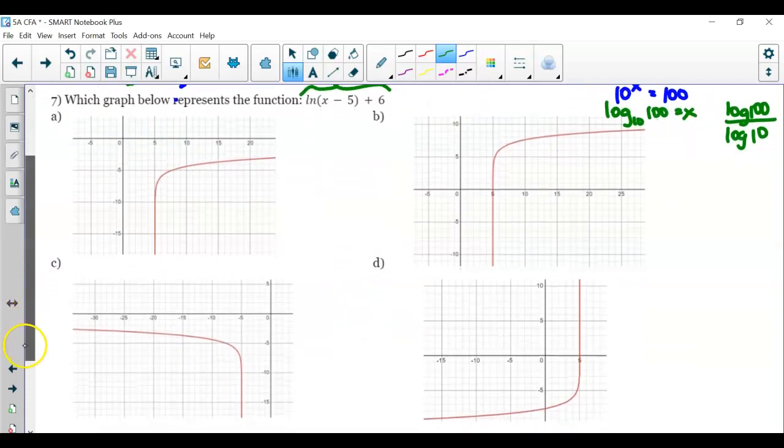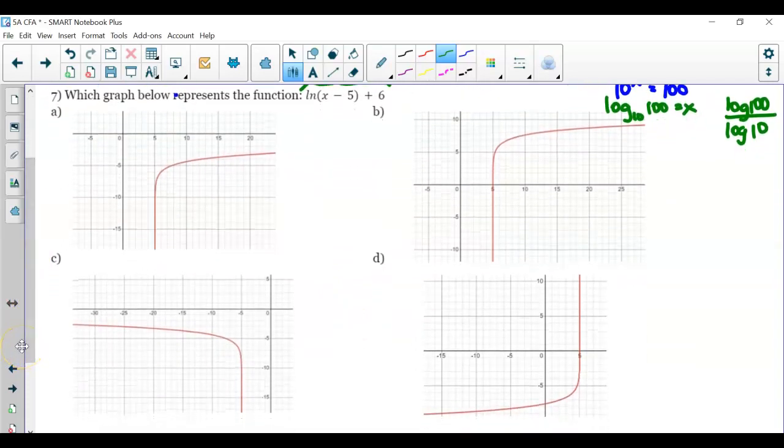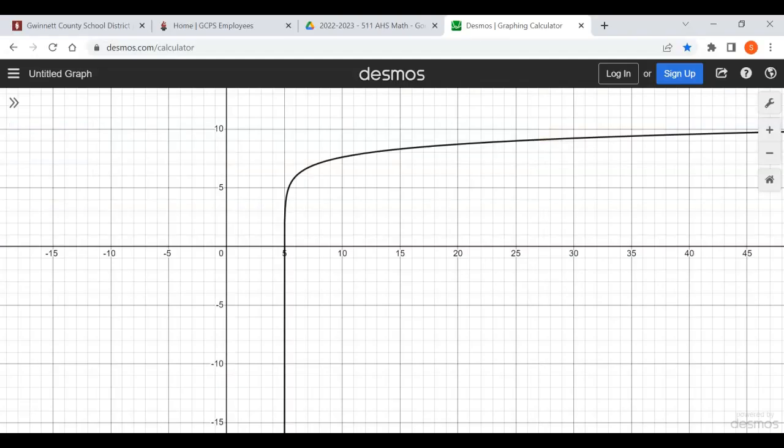Here, as I'm looking down, I do notice that I've got an asymptote here at 5, but now going here, increasing, but in this direction. And here we have an asymptote at -5. So now keeping in mind, let's go ahead and take a look at the graph here. Well, I already noticed I have this asymptote at 5.